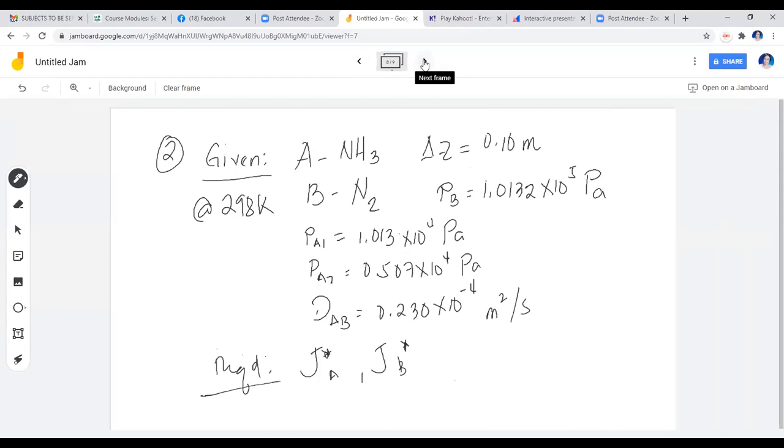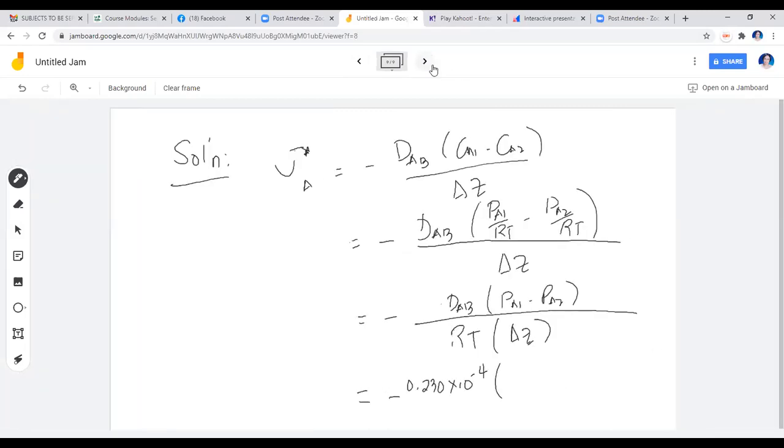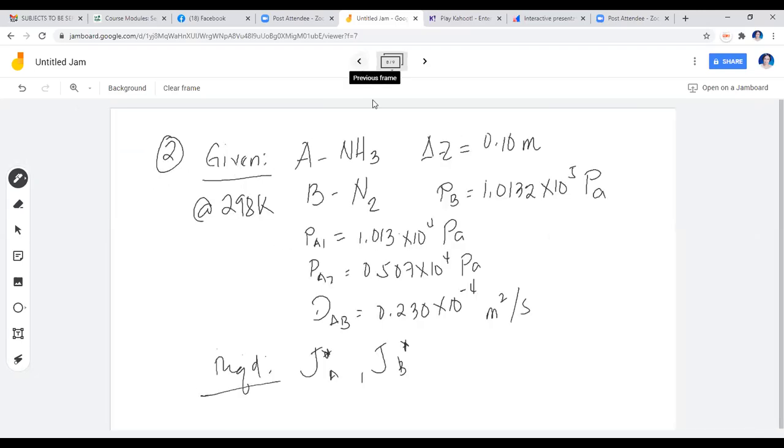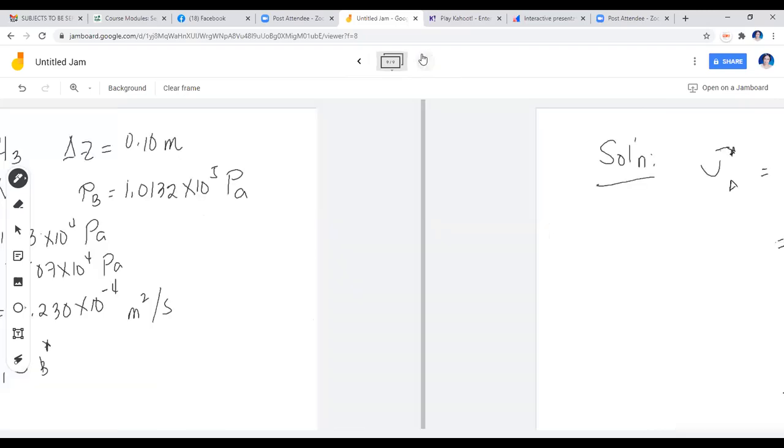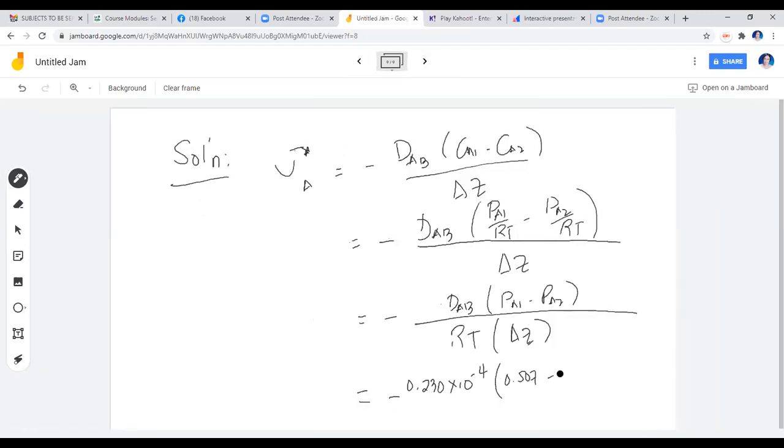So I will have 0.507 minus 1.013, both multiplied times 10 raised to 4. So this is Pascal. We divide by 8314 Pascal cubic meter per kilomole Kelvin, take note.